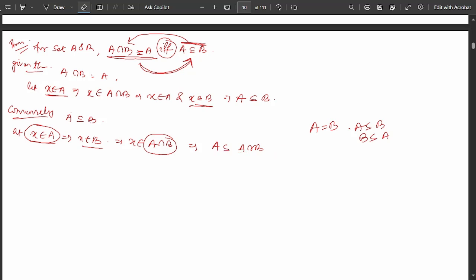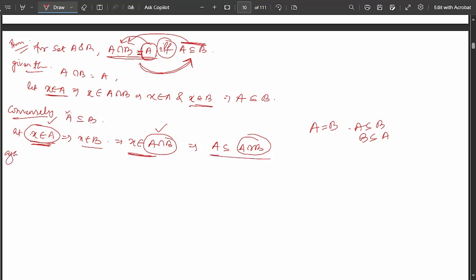So I take an element in the left hand side, that is A. I have taken element x belongs to A and shown that the element is also present in A ∩ B. So this shows that every element of the left hand side is present in the right hand side.